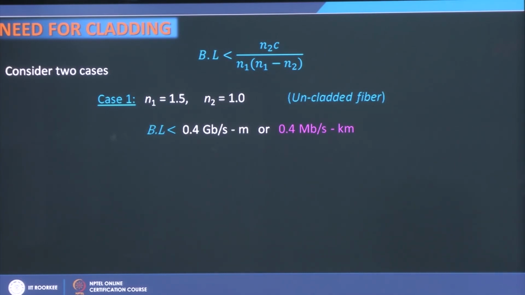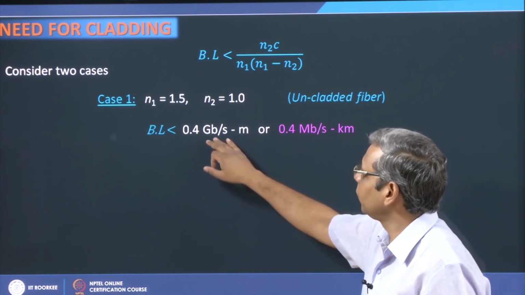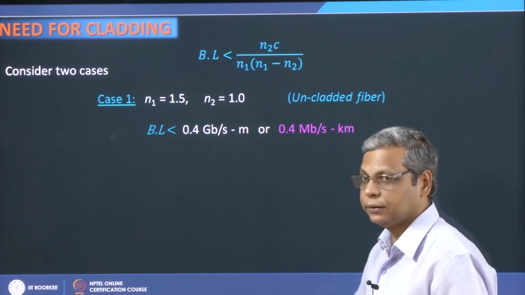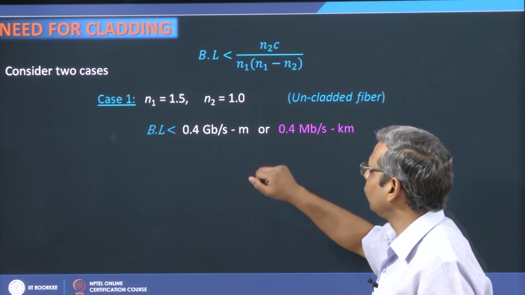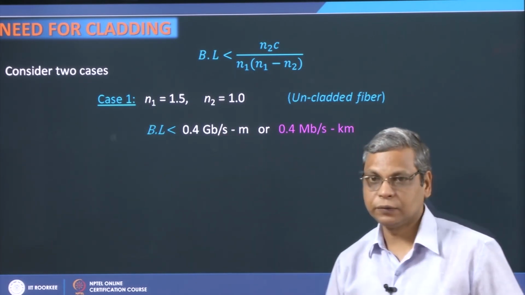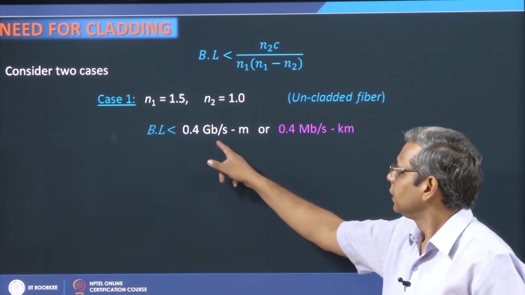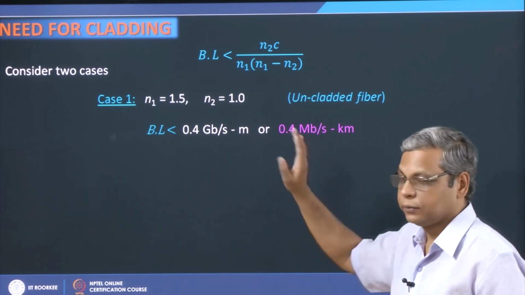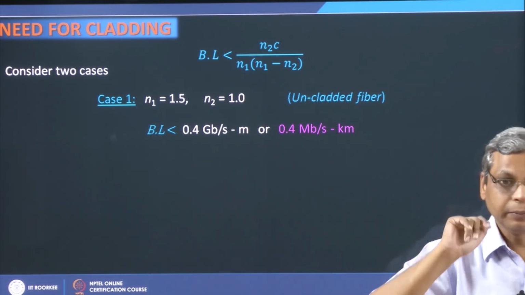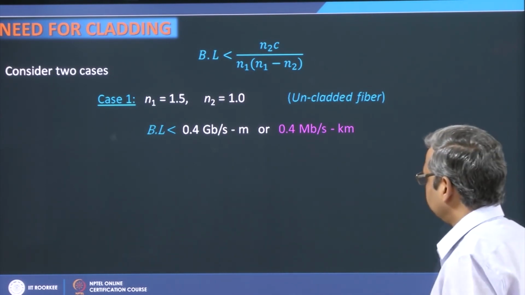which means that you can send pulses at the rate of 0.4 Gbps or 400 Mbps only over 1 meter length of the fiber. So, if you send pulses at this rate, the information can be retrieved just within 1 meter, okay. Otherwise, you will lose information.